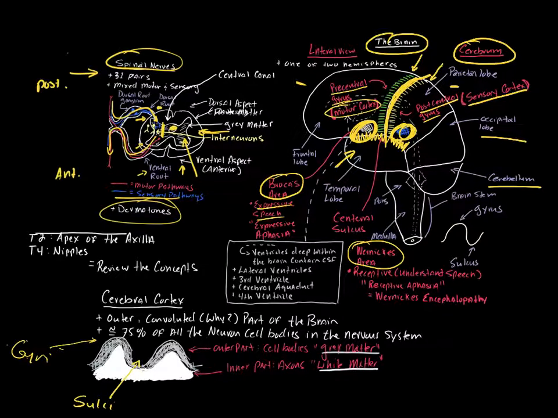Wernicke's area is the ability to understand. So if I have damage to Wernicke's, I can't understand what people are telling me, even though I can express fine. Isn't that weird? It's really odd. You'd think it'd be all together, but it's not. And damage to this area can cause something known as receptive aphasia. You can't receive information, right?